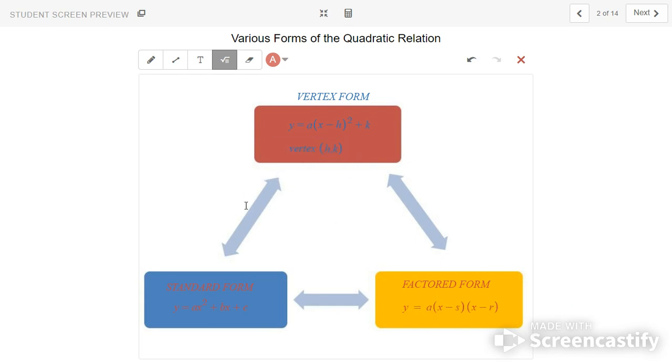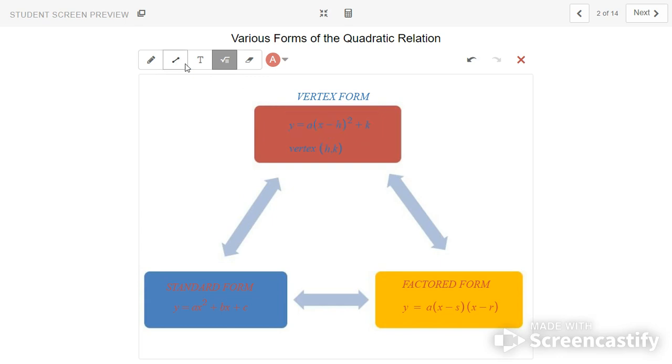Now, for us to get from form to form, it's kind of like water. Water exists in three different forms: water, ice, and vapor. This is the same. The quadratic relation is written in three different ways, and there's a purpose to each one, but we're able to convert it from one to the other using different methods that we know.